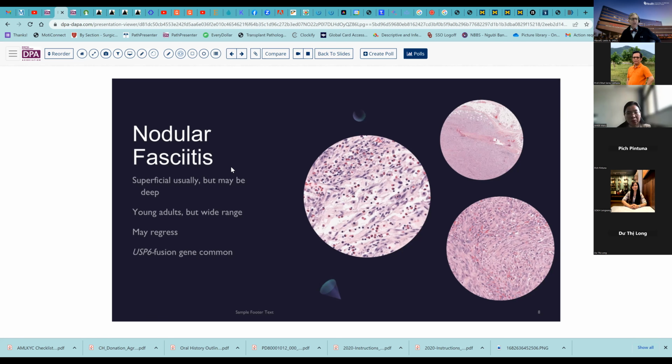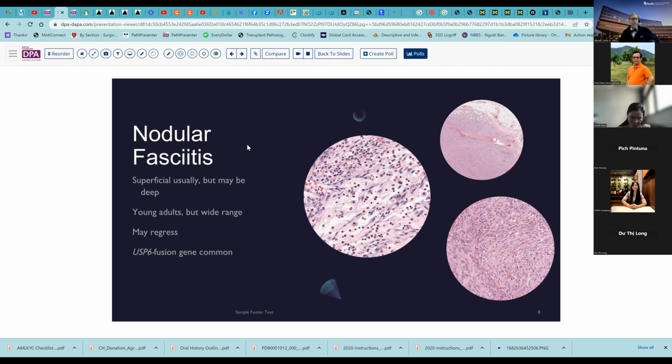But this is usually superficial, maybe on the superficial fascia. Occasionally, however, we do see it in deep locations. And in fact, our colleagues from Da Nang showed us a case of this at a deep location just this past week. Usually the patients are young adults, but tend to be a rather wide age range.